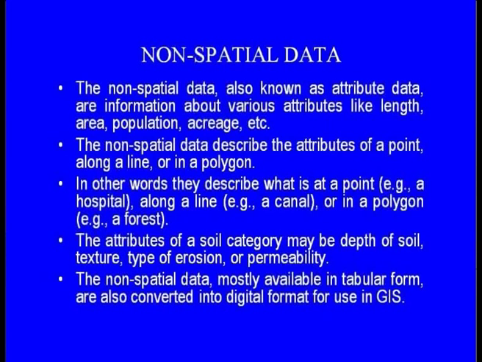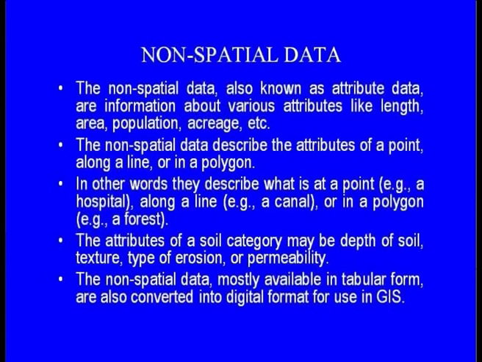Now, let us look at what is non-spatial data. The non-spatial data, also known as attribute data, are information about various attributes like length, area, population, acreage, etc. The non-spatial data describes the attributes of a point or along a line or in a polygon.